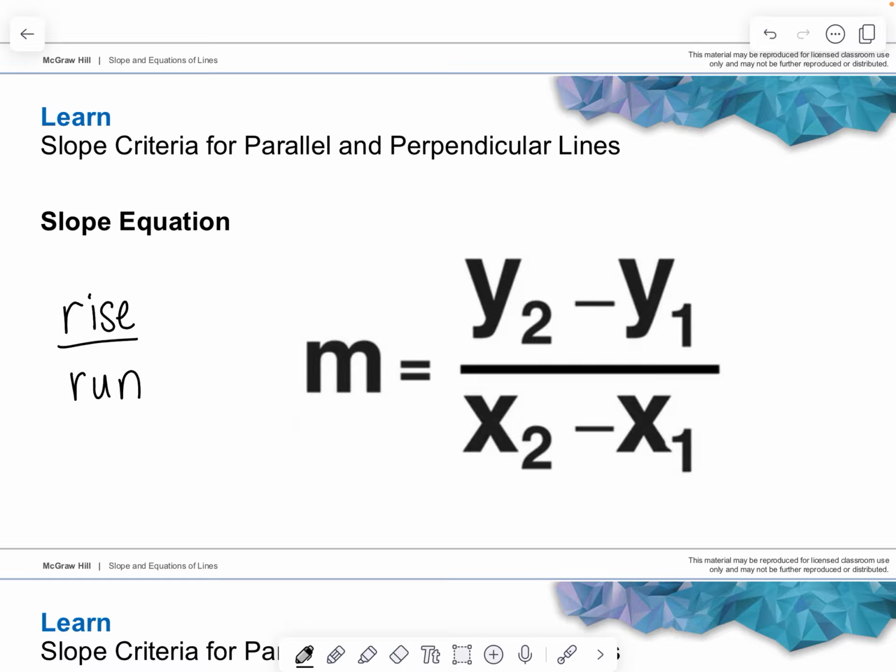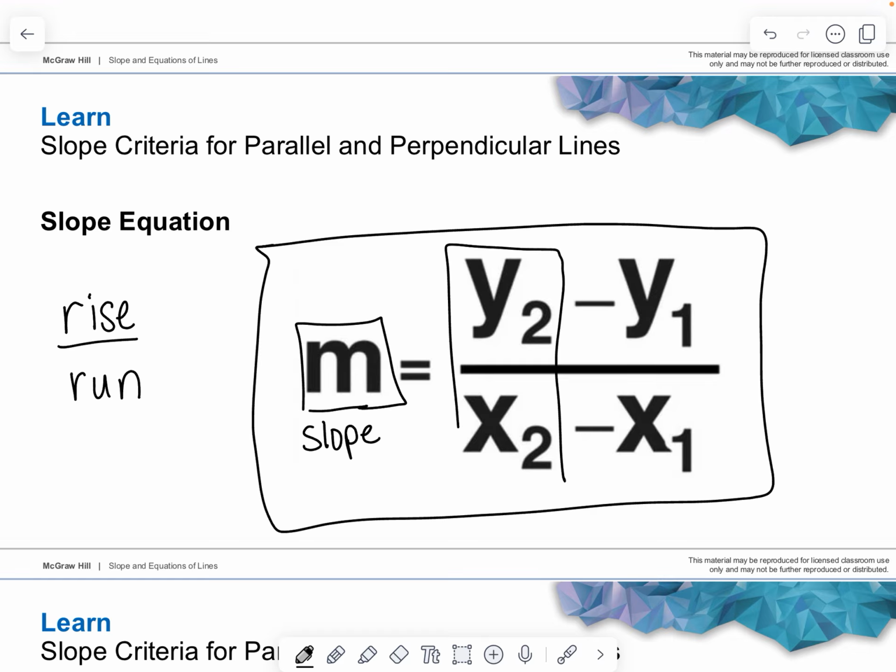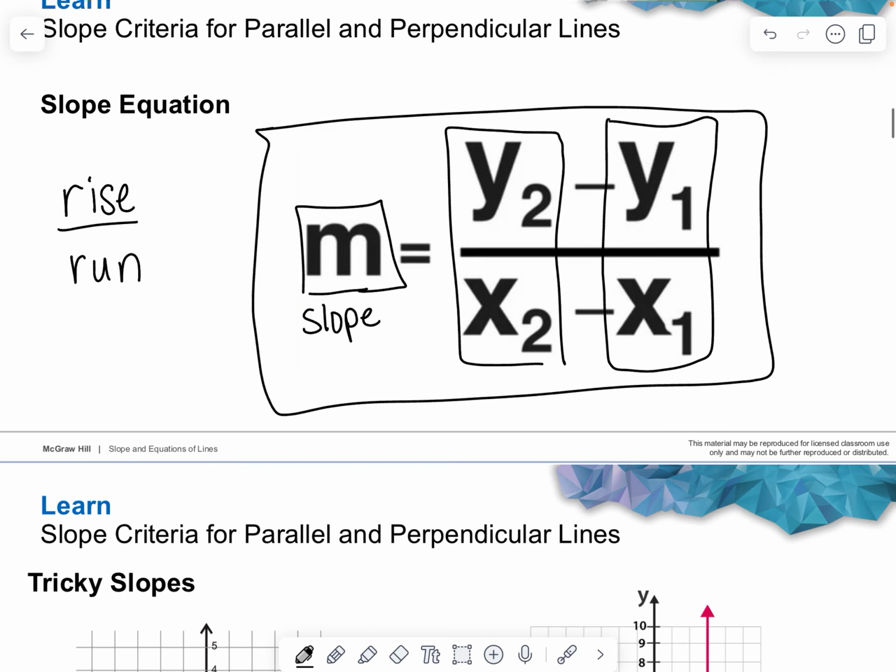But this is our professional equation there, m being slope, and this being one of our points, the y2 and the x2, and this being one of our other points, the y1, x1.